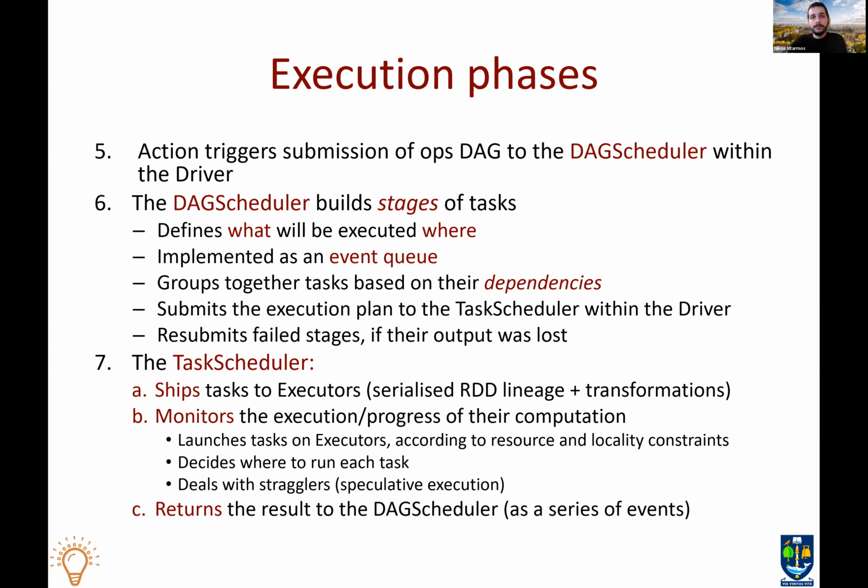And then the task scheduler monitors the execution of this computation and the progress. So it will launch tasks on the executors, and it will, as I said, decide where to run each task. And it will also deal with stragglers. So in MapReduce, we had this thing that was the speculative execution mechanism.